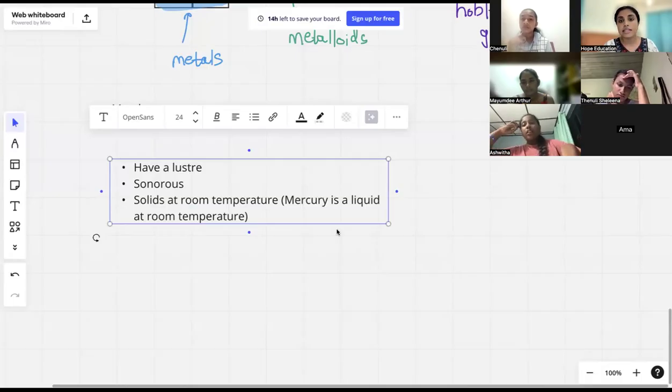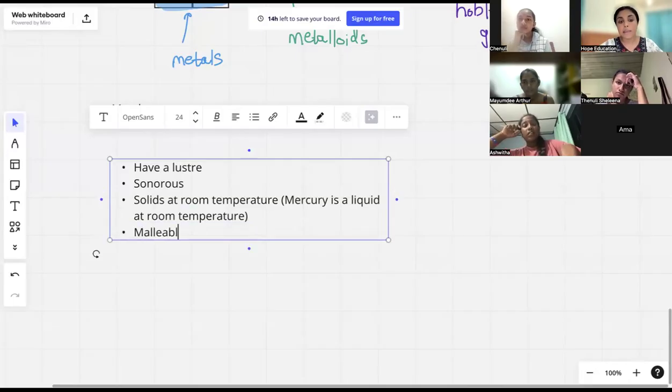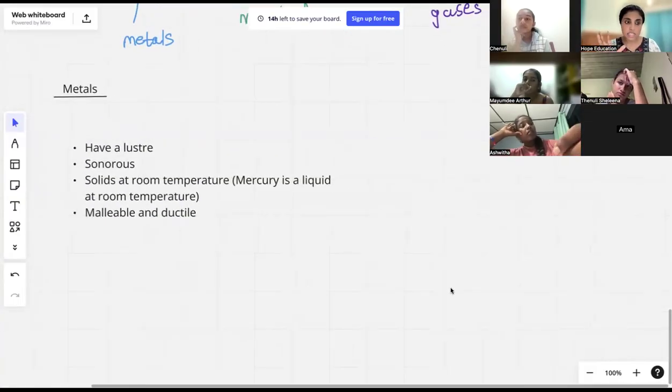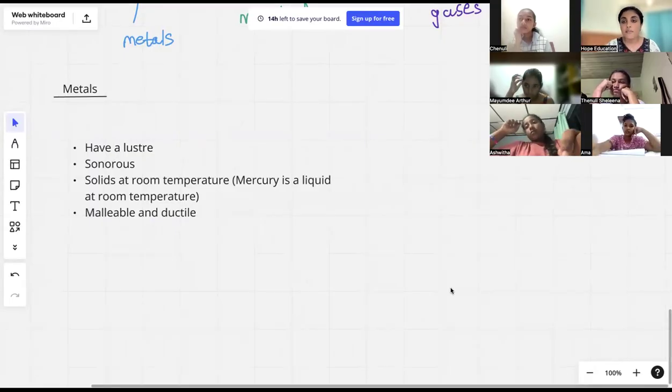Then another thing is that metals are malleable and ductile. You have learned this in grade 9. Malleable means, let's say you take a glass bottle or something glass. If you hit it with a hammer, this will break down, no? It will break into pieces. But if you take a piece of iron and hit it with a hammer, will it break into pieces?